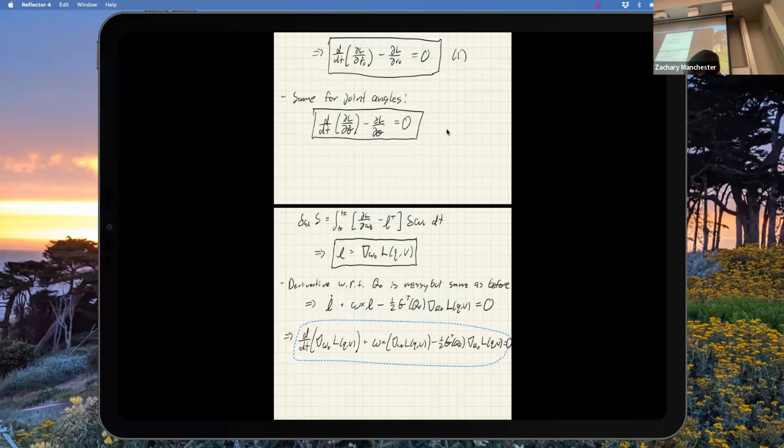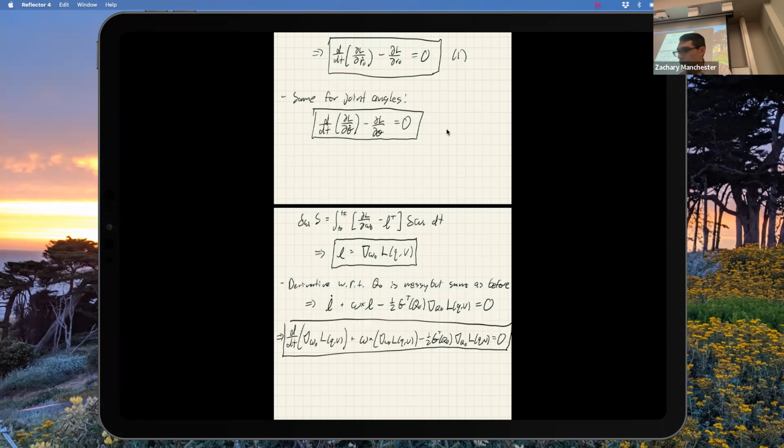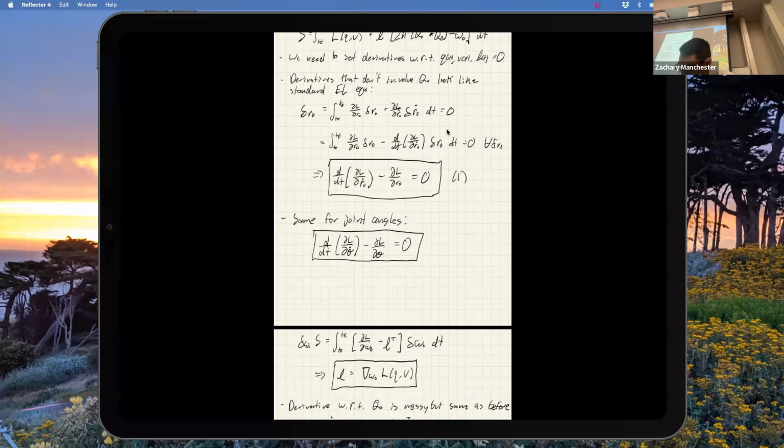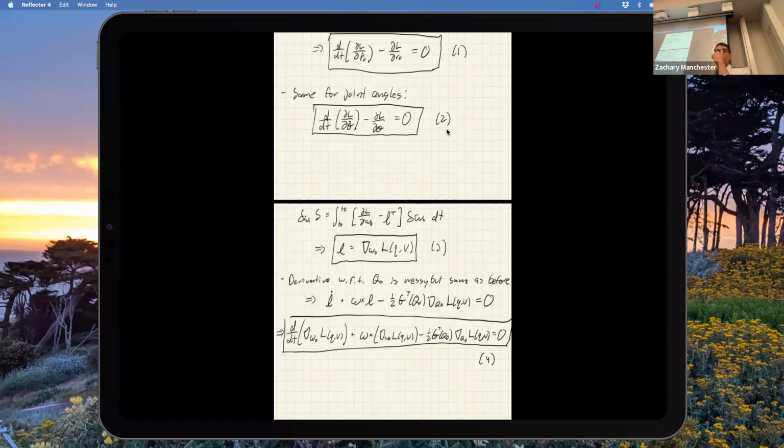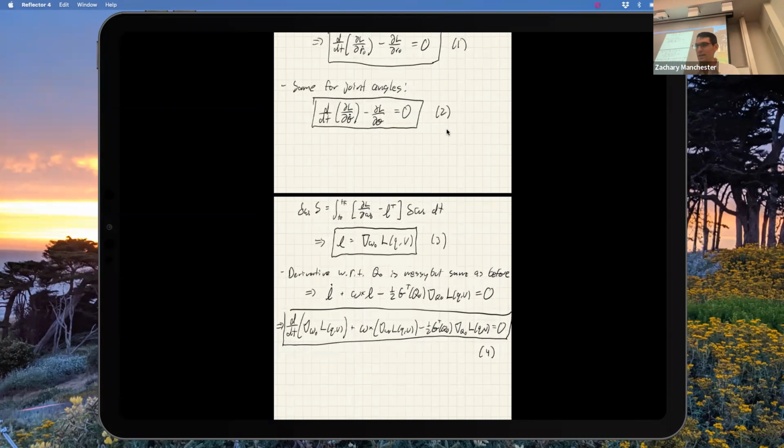Okay, so this combined with the other equations is the full story for floating base robots. So this gets a box, and we'll call this one number 4. Did I number the other ones? This is 1, this is 2, this is 3, this is 4. And I eliminated 3, basically, I got rid of it, so I didn't need it anymore.